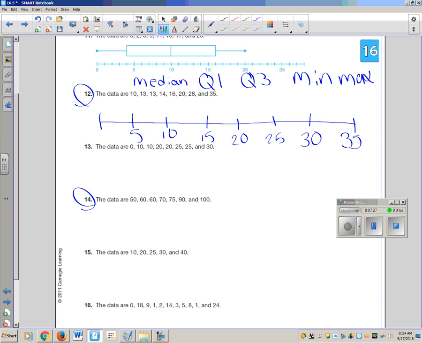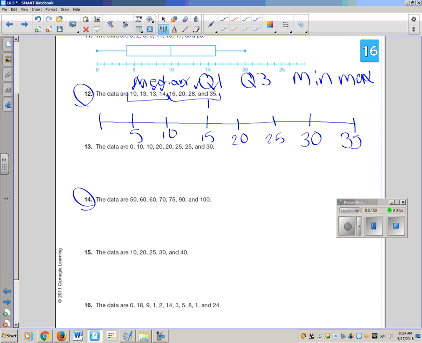So these are already in numerical order. So 10, 5, 13, 20. And then you want to find the middle of 14 and 16, which is 15. So I drew a line so that I knew where the median was. And then you're going to find quadrant 1 and quadrant 3. In between 13 is nothing, so it's 13.